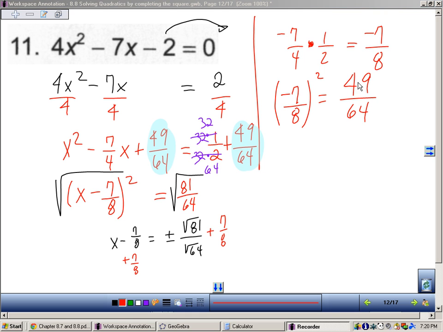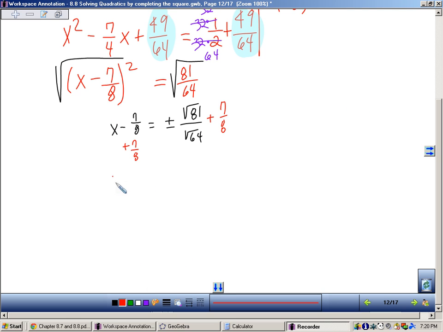We end up with x equals 7/8 plus or minus 9 over 8. Where did 9 over 8 come from? Square root of 81 is 9, square root of 64 is 8. Okay, so we have two answers. I should say two solutions, proper way of saying that. We have two solutions.